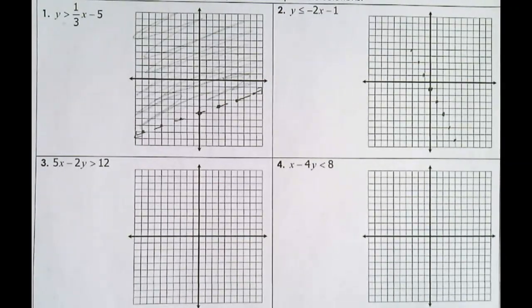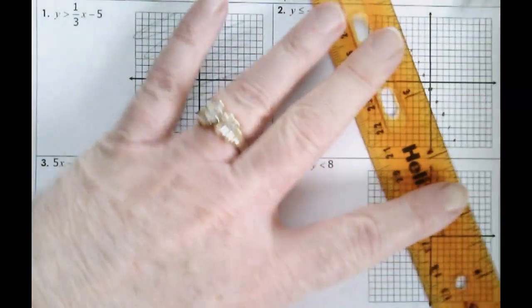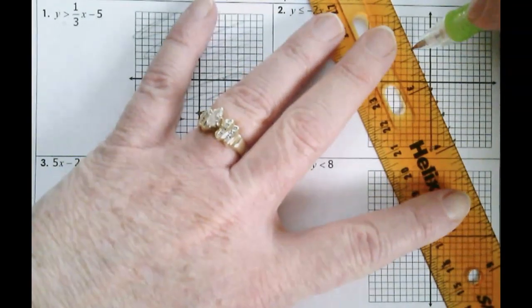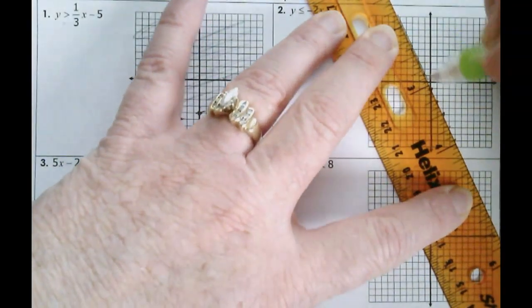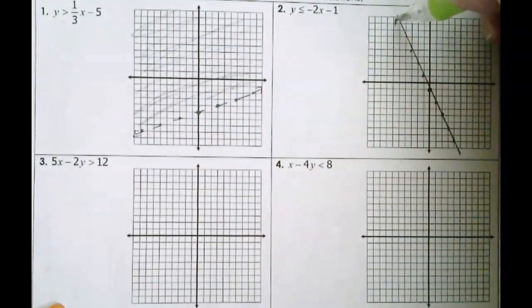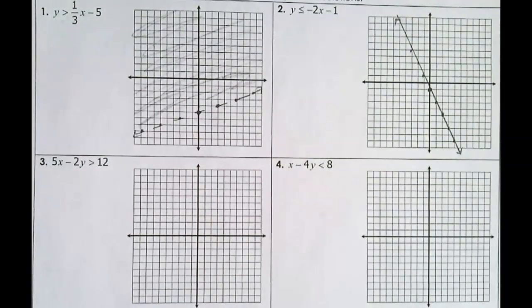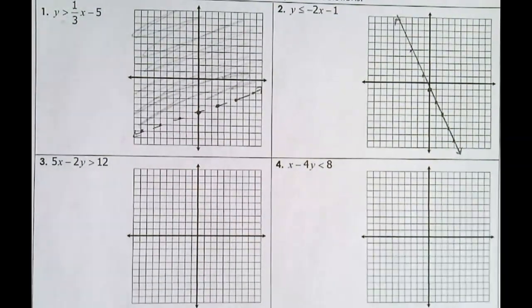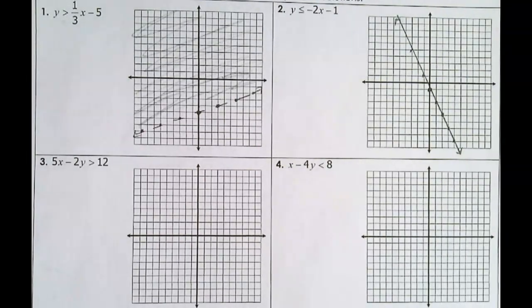This is equal to, so it is actually touching the line. So I'm going to create an actual solid line, like you would normally draw a line. Now I have to determine, am I going to shade above or below? I look here, it's less than, so I would shade below.